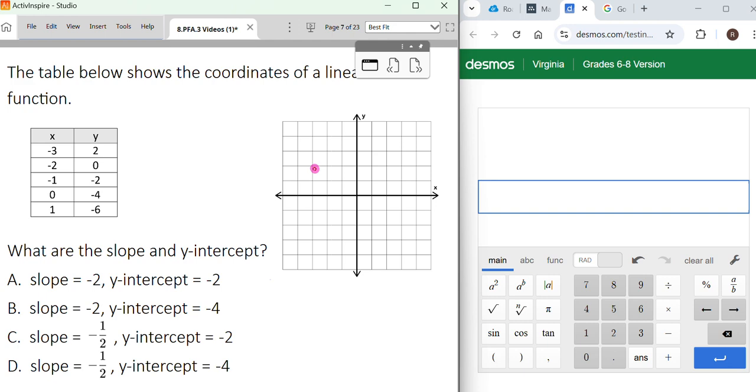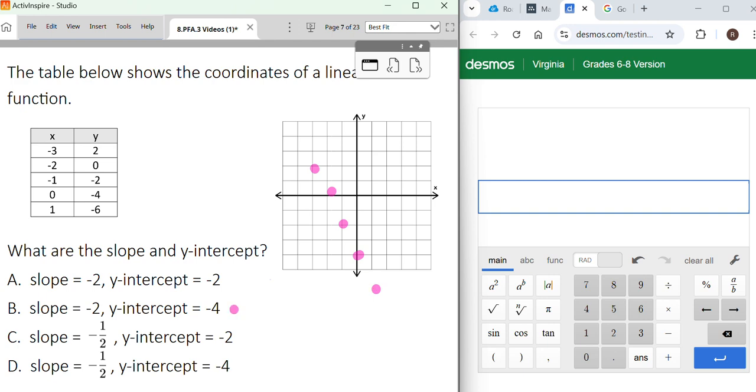The next point is (-2, 0). The next point is (-1, -2). The next point is (0, -4). And the last point is (1, -6).